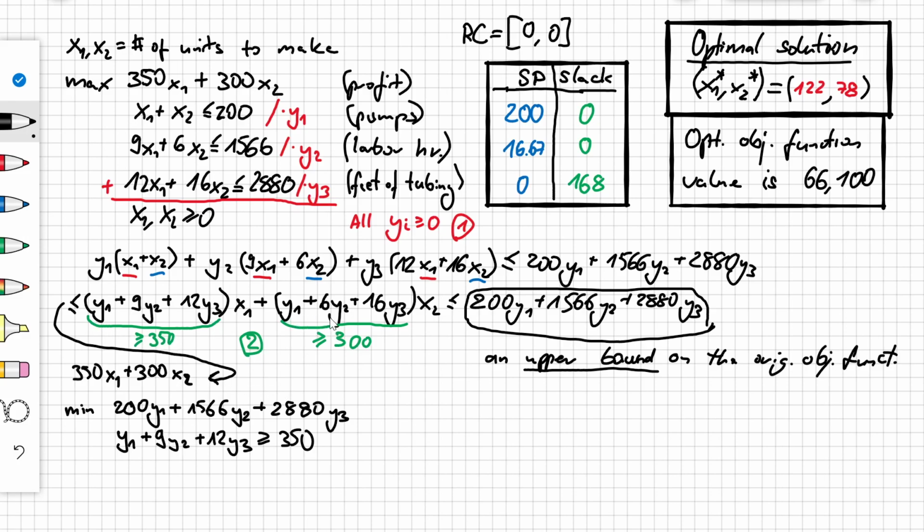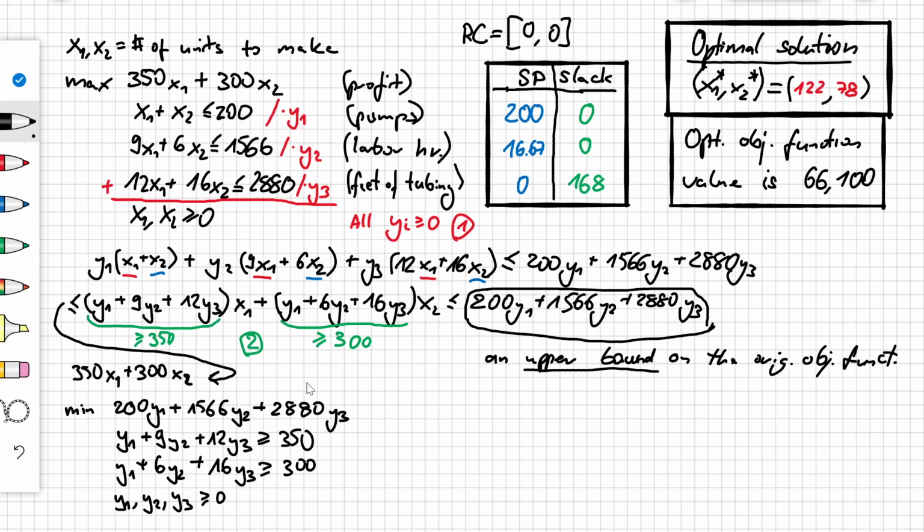And the second one is 6y2 plus 16y3 greater than or equal to 300. But there was also condition number 1. We set all the variables y, so let's list them here: y1, y2, y3 must be greater than or equal to 0.